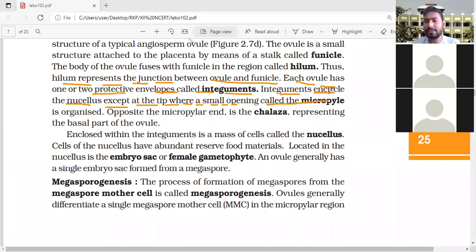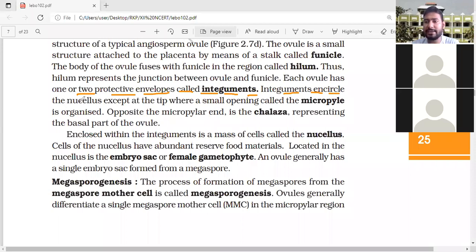If you see these ovules, they are surrounded by the integument, but in some places there is no integument, and that place is known as the micropyle. Micropyle is the small opening where no integuments, no covering, is found. So just read this sentence: each ovule has one or two protective envelopes called integuments.